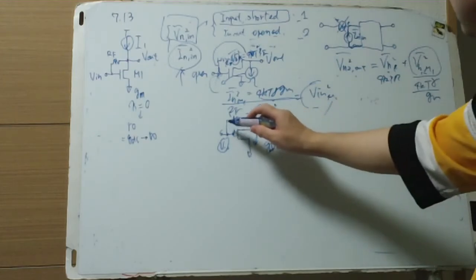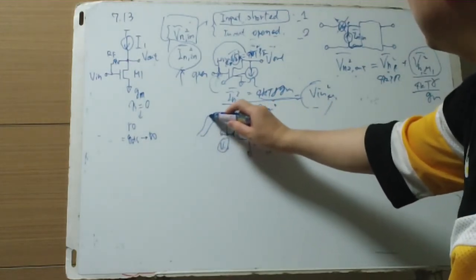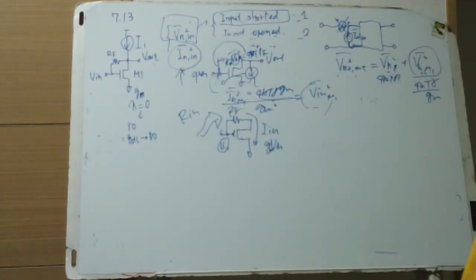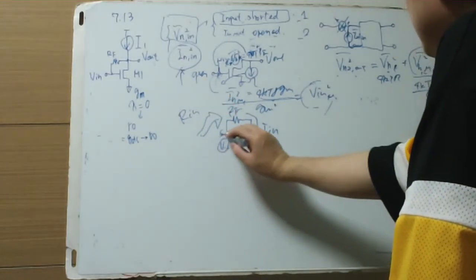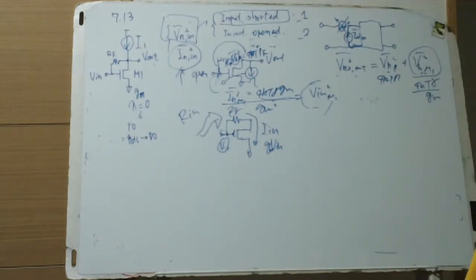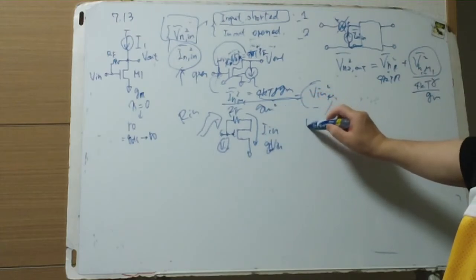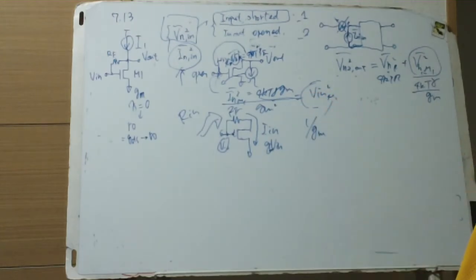So the input resistance, or input impedance seen from the input, is just like the diode-connected case, just 1 over GM.